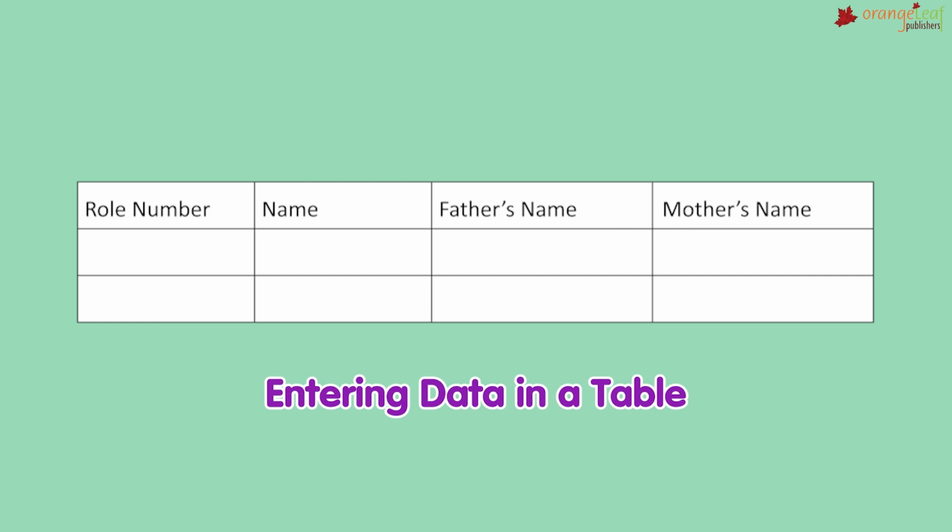In the second row, first column is number 1. Second row, second column is the name Aditya. Second row, third column is Sri Vijay Kumar. Second row, fourth column is Srimati Kanti Devi.